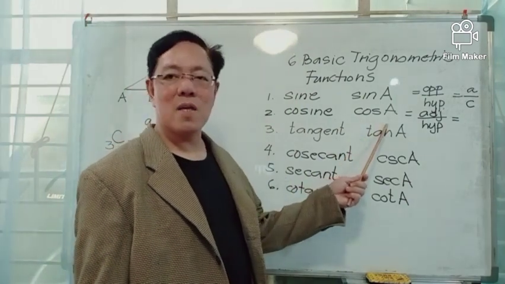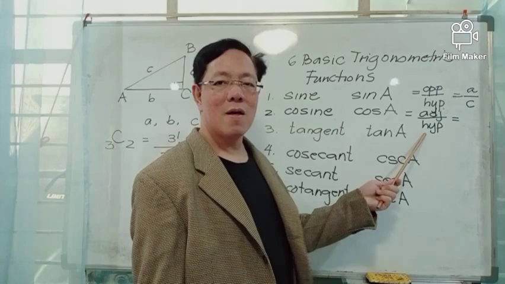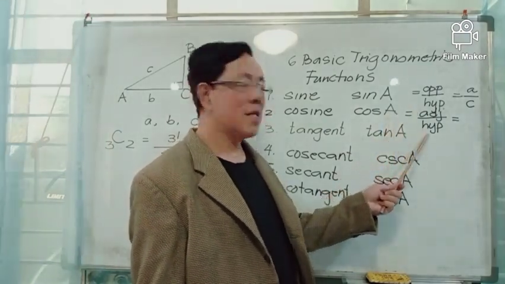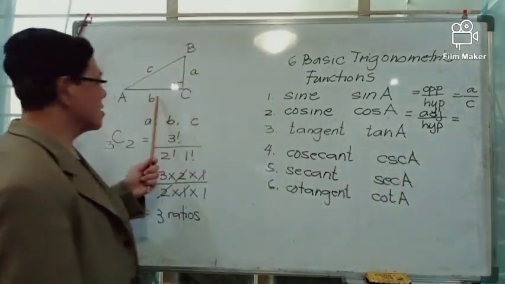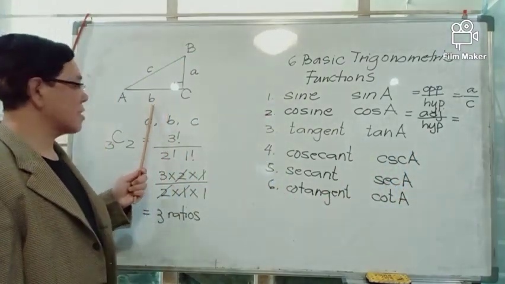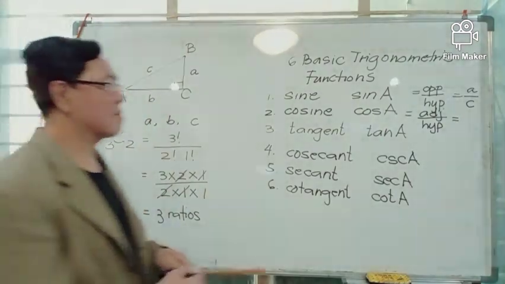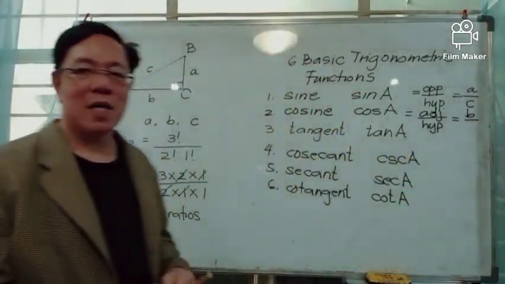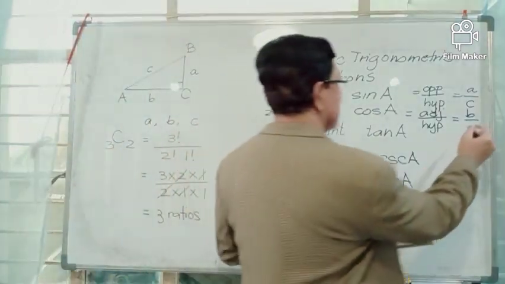Again, the cosine of the acute angle A is the ratio of the 2 sides, the side adjacent to angle A, and the hypotenuse of the right triangle. In this right triangle, the side adjacent to angle A is small b, over the hypotenuse, which is small c.